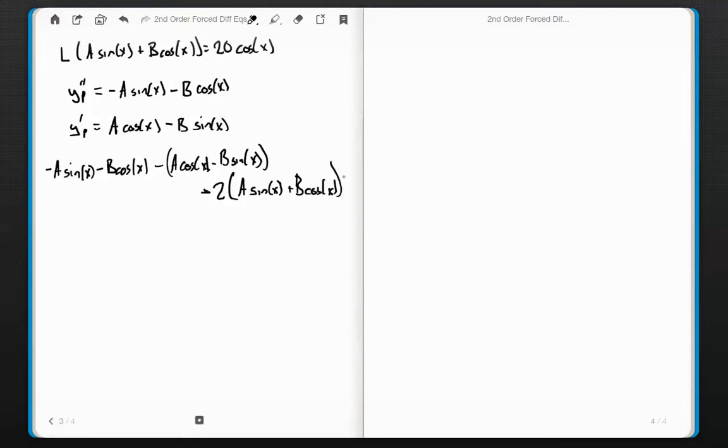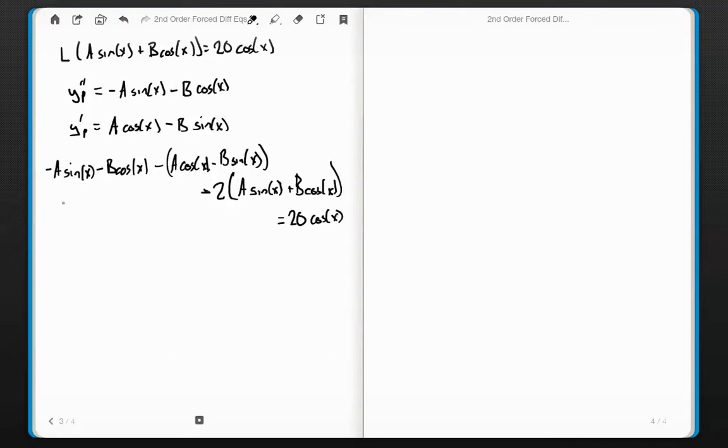All right. So this has to equal, holy moly, 20 cosine of x.